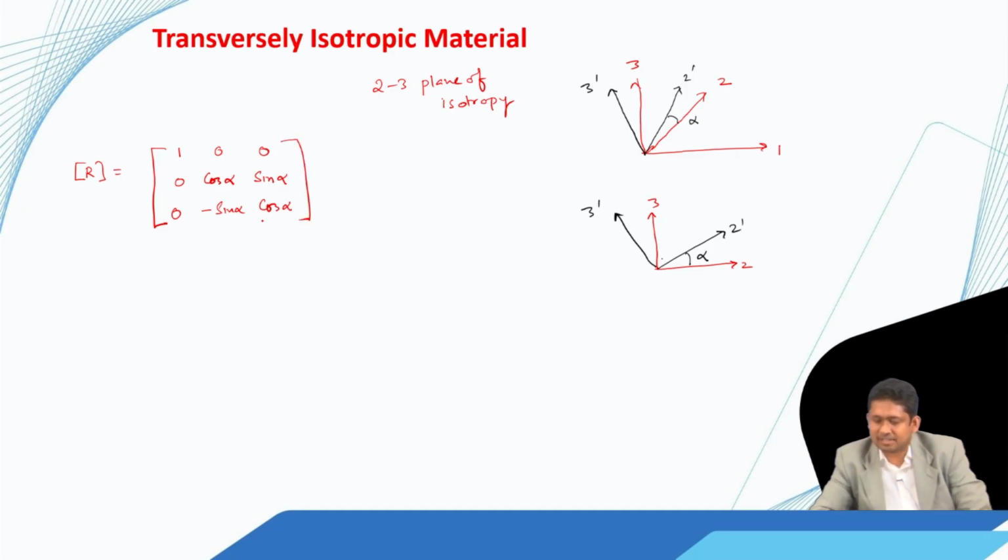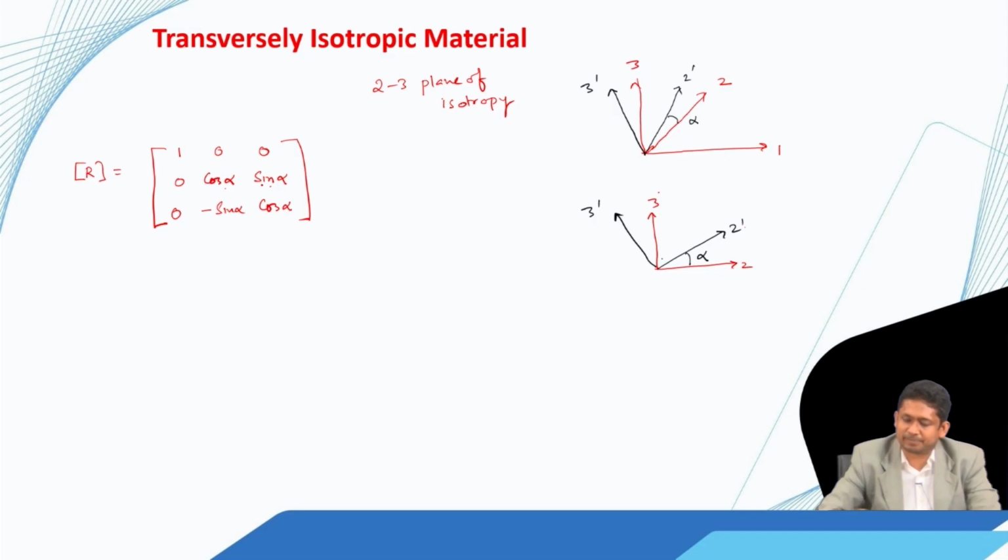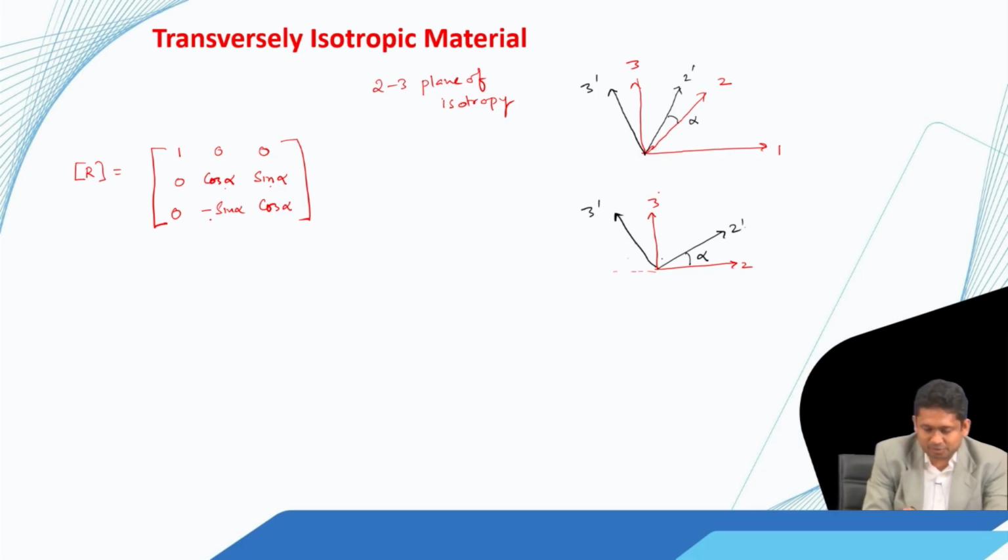So, here we can see the axis 2 prime has an orientation alpha with respect to 2 and an orientation 90 minus alpha with respect to 3. So, that is why we see cosine alpha and sin alpha here, and the axis 3 prime has orientation 90 plus alpha with respect to axis 2, and the same thing has an orientation alpha with respect to axis 3. So, that is why you see minus sin alpha and cosine alpha.